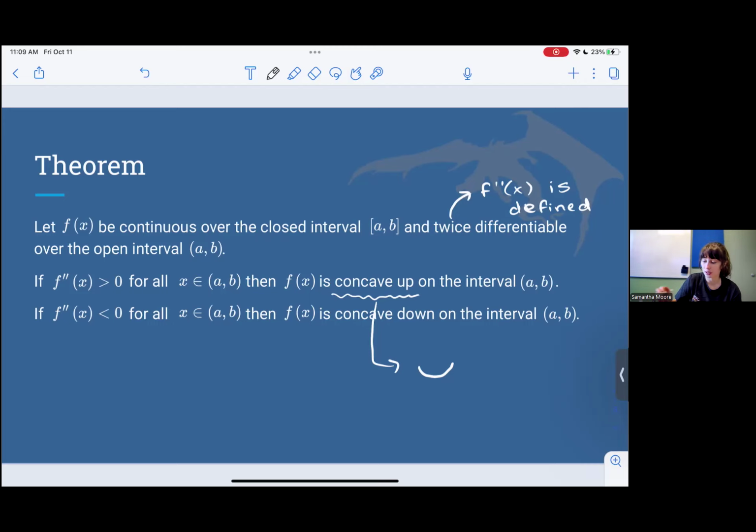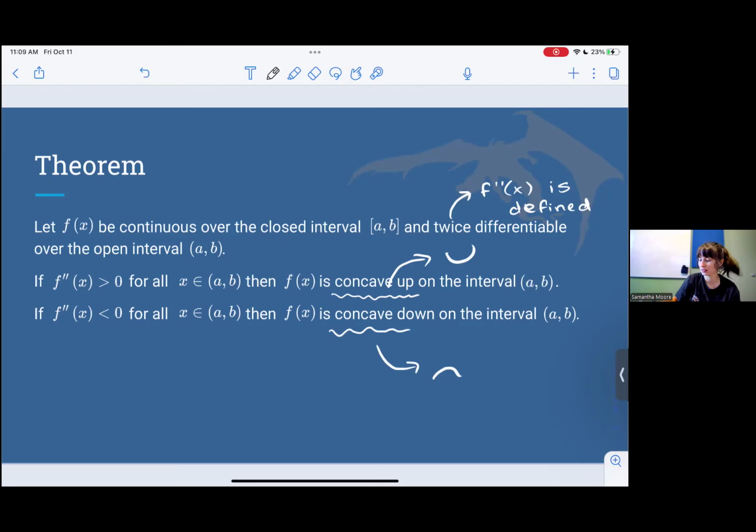And if f double prime is negative, then our original graph, f of x, is concave down, like a frown. So concave up are the regions where you can hold water on the graph. Concave down is where you can't hold water in a graph.